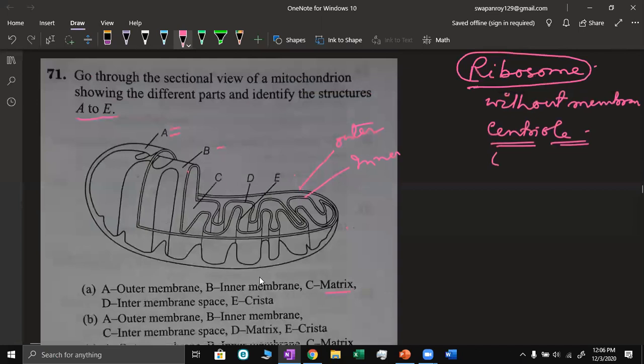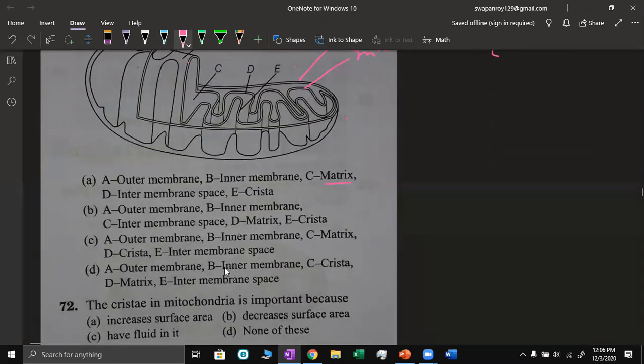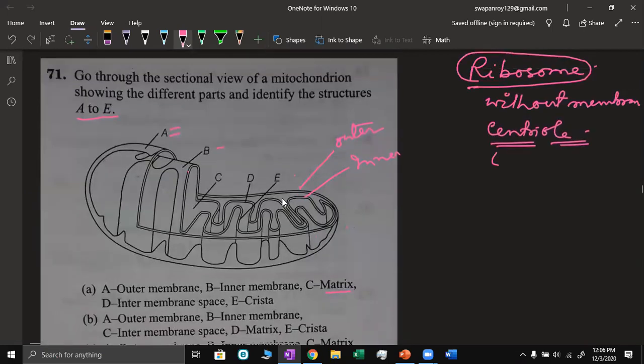If D is, of course, this one, D is mentioning this one. This is not the intermembrane space. Intermembrane space is this portion, in between the outer and inner membrane.